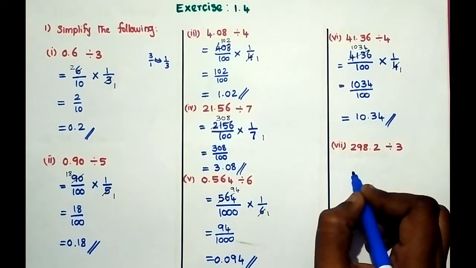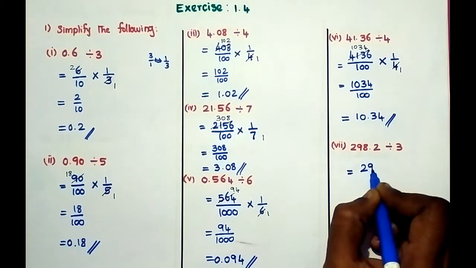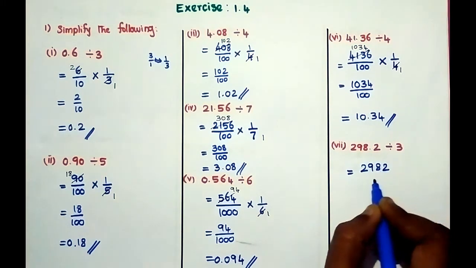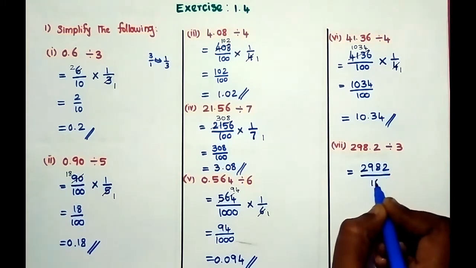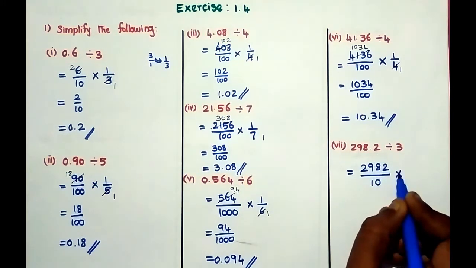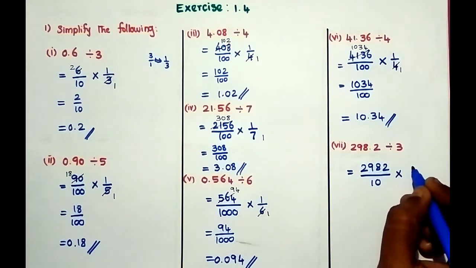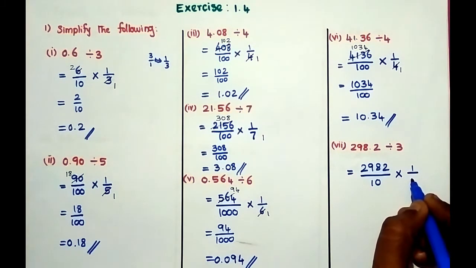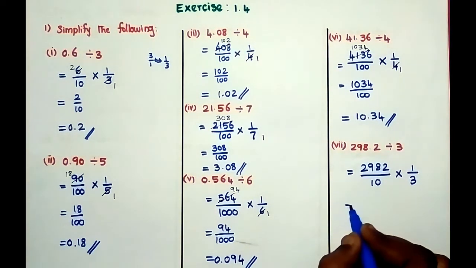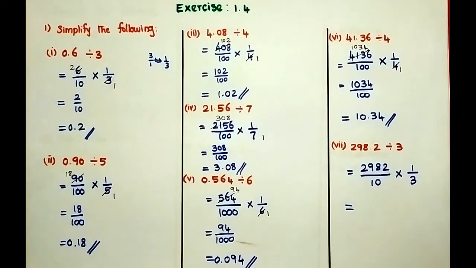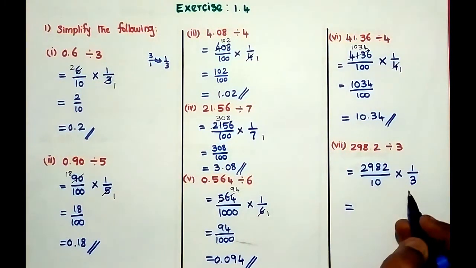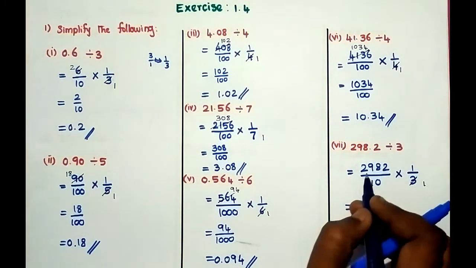Next one, 298.2 divided by 3. Write down the number without the decimal point and divide by 10. And here change into multiplication. Take the reciprocal for that. Cancel these numbers by the 3 table. 3 1 is 3.